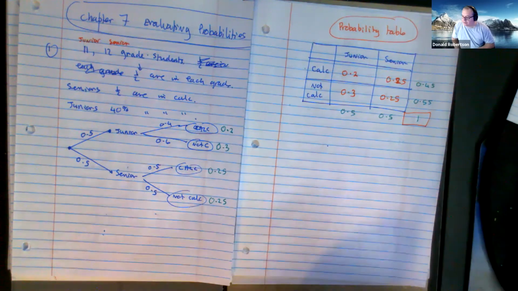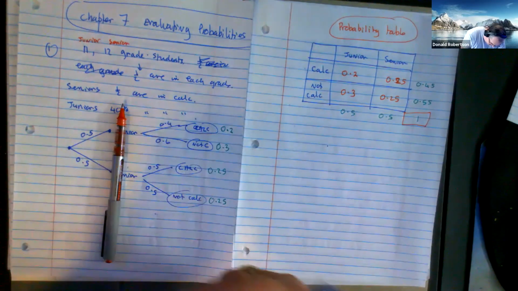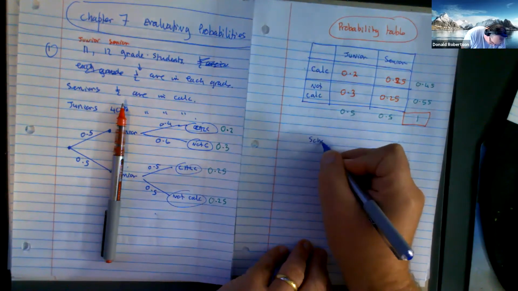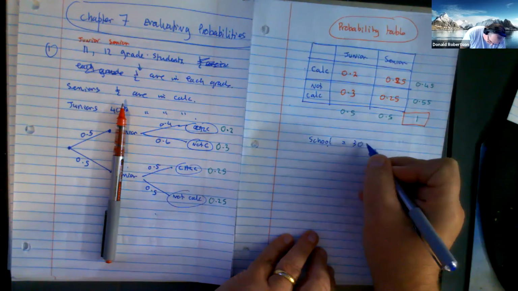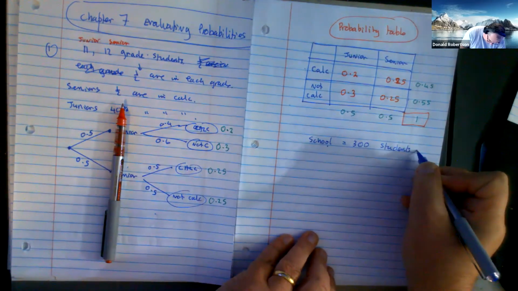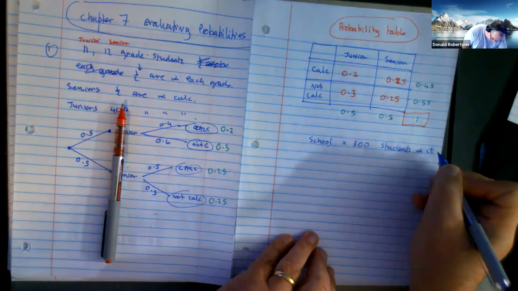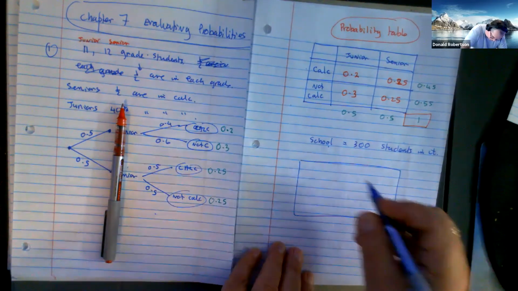So far, so good. Now, suppose we know one more thing. This school, which only has juniors or seniors, has 300 students in it. I should be able to create a frequency table.